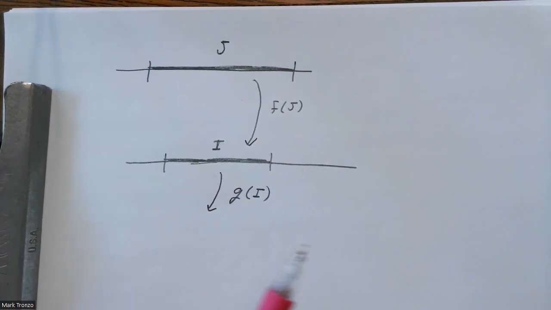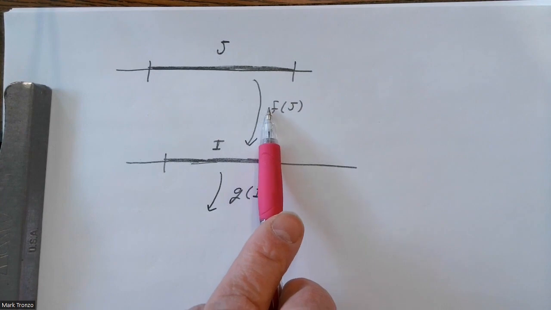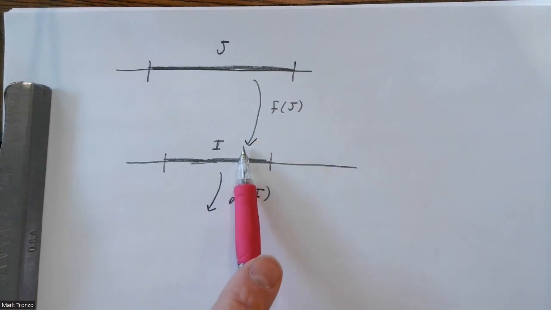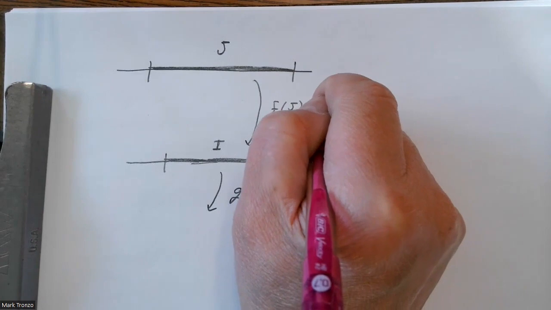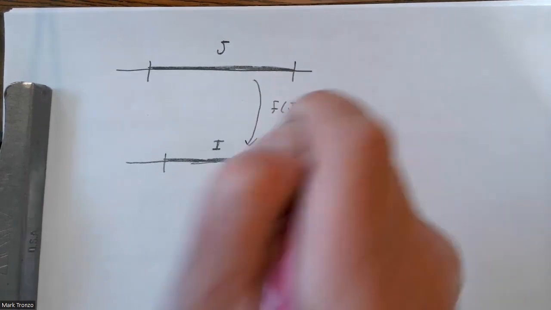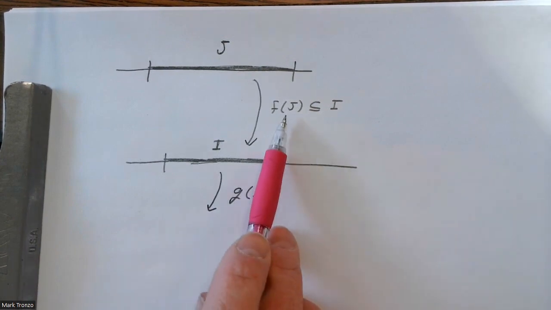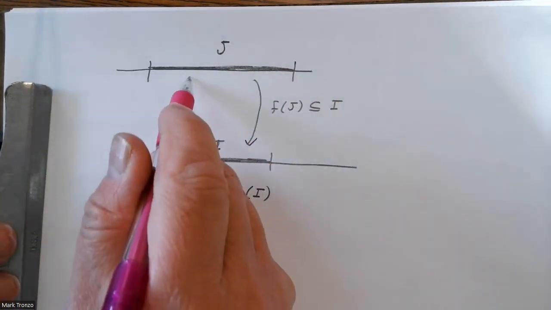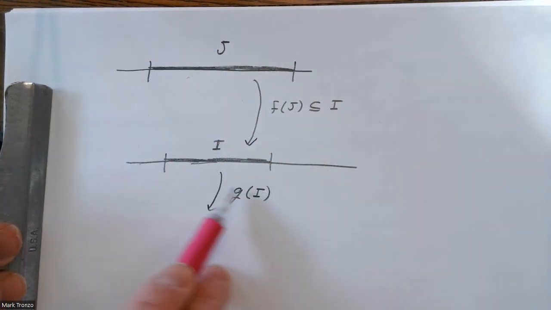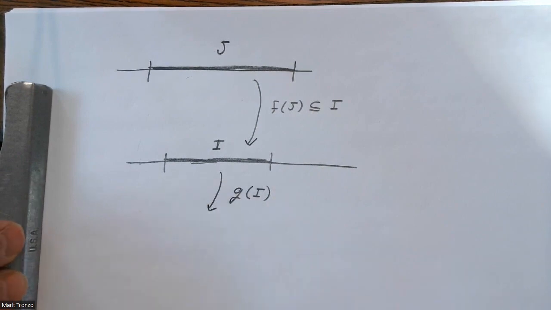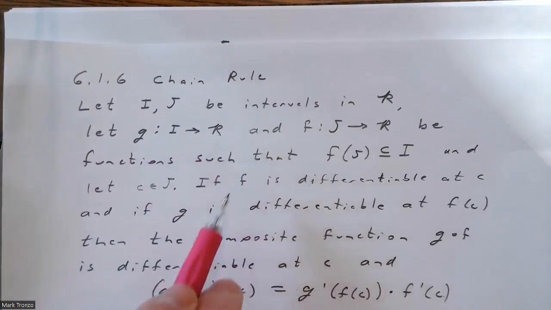That's just a technical thing to say that for this to work, since G is defined on I, F of J has to be a subset of I. If this was not a subset, if it could go into something bigger, then it wouldn't necessarily be defined, because G is only defined on the interval I. That's just to give you an idea why they have these technical things here.